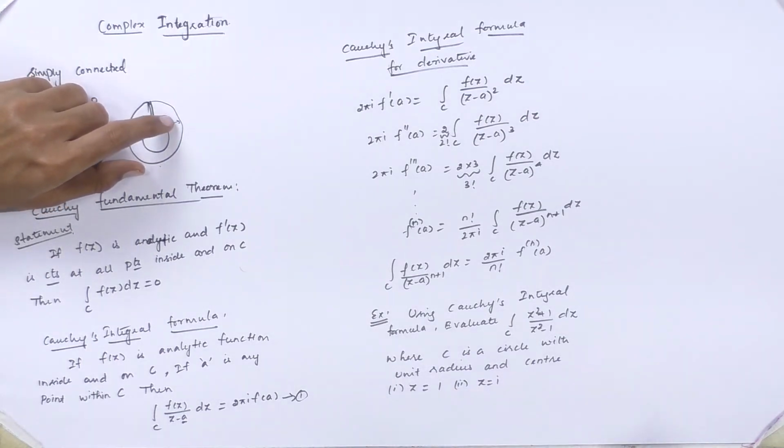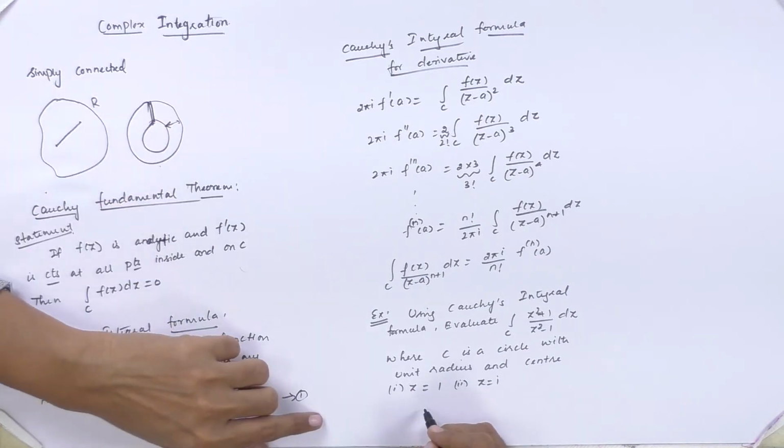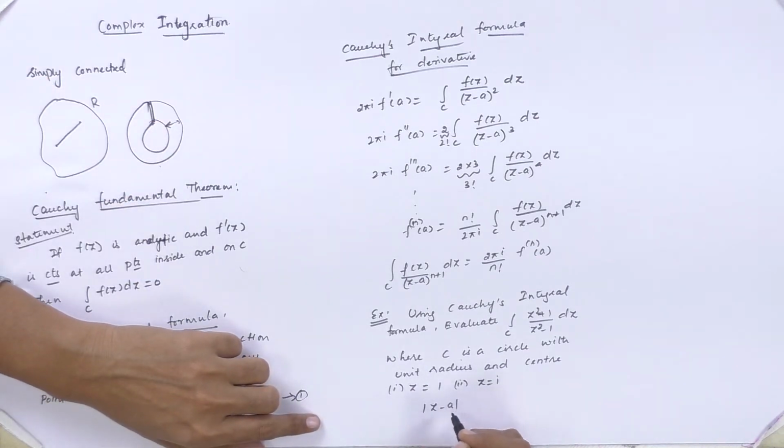To solve this problem, before solving, let us see how to construct a circle. You may know that modulus of z minus a equal to r, where a is the center and r is the radius of the circle.